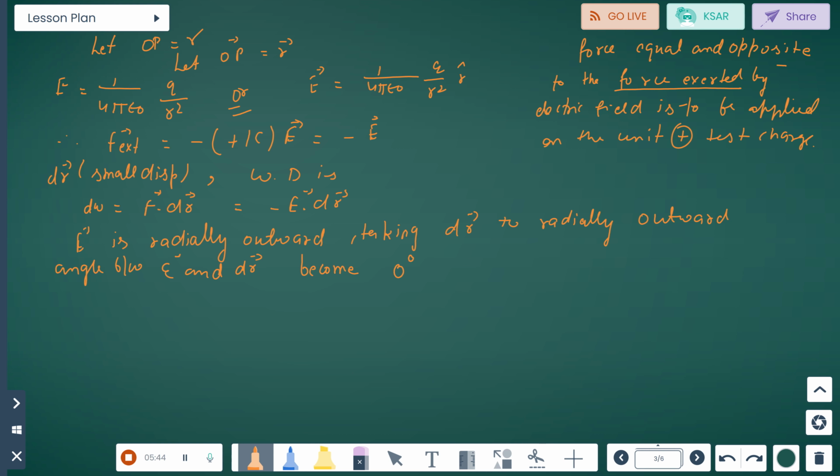Both of them are radially outward, so the angle between them is 0.